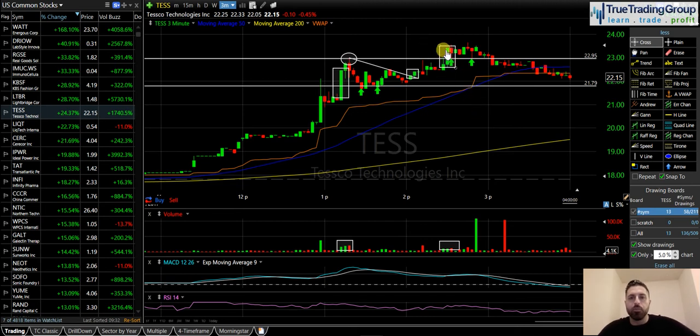You can see after it broke through 23, for a few minutes, it held that 23 support. But then right here, it cracked. And that support was not able to hold because of the weak volume that came in on the break through the high. This weak volume was the clue that this $23 support was not going to hold.